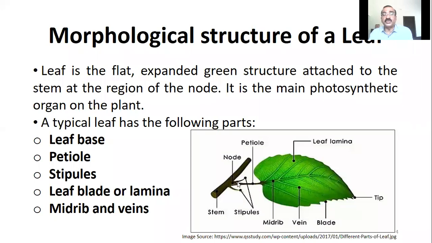Now this point is actually called axil. Then there are veins. There is one prominent vein which is called the midrib. Now this produces several branches which are called veins and veinlets. And the pattern of arrangement of these veins is called venation. Now all these things we'll study later.